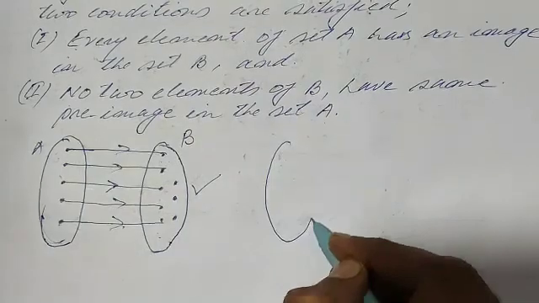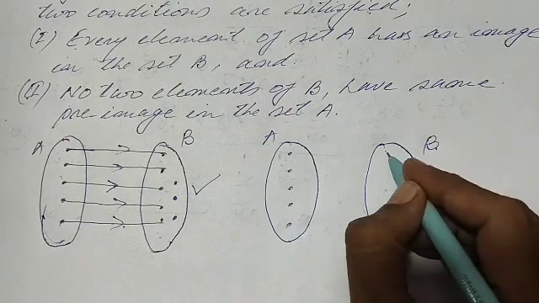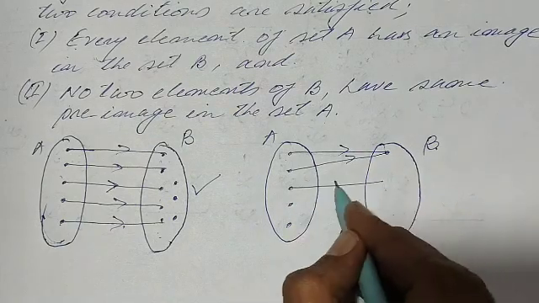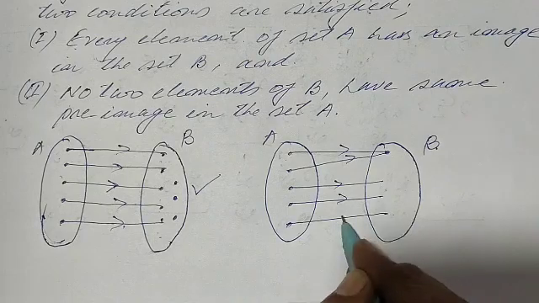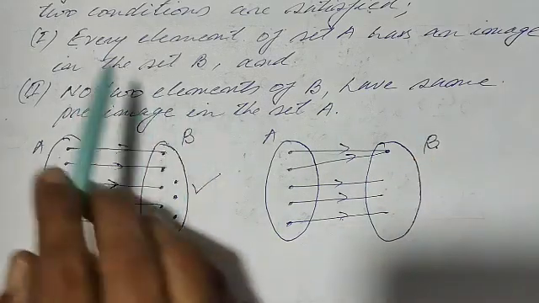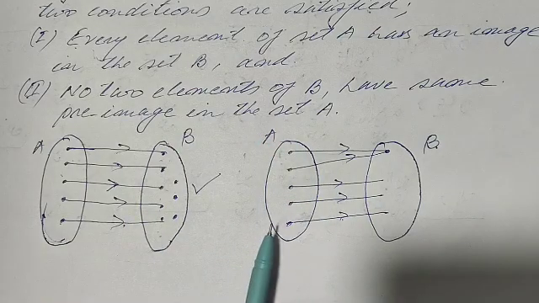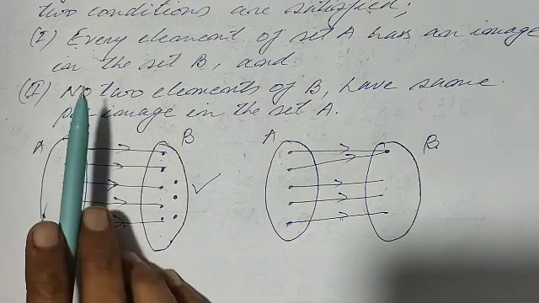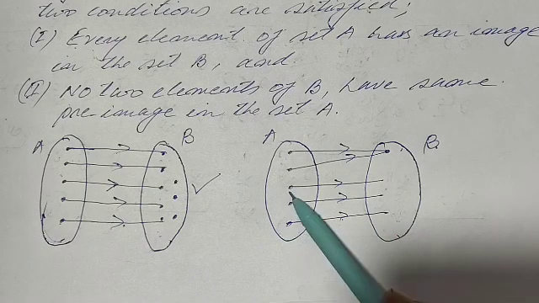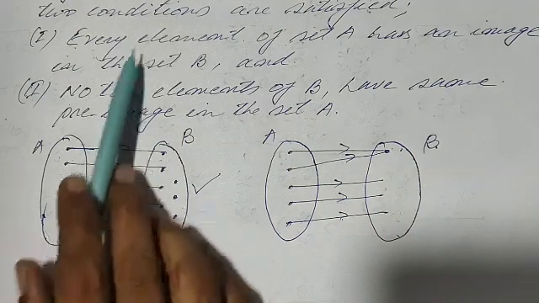Now take another relation, and there are 5 elements, out of which 2 elements have a common image in B. Rest of the 3 have distinct images in B. So in this case also, the relation is said to be a function because every element of A has an image in B. That means there is no element in A which doesn't have an image in B. And second, no two elements of B have the same pre-image in A. Though two elements of A have a common image in B, this is not the restriction.